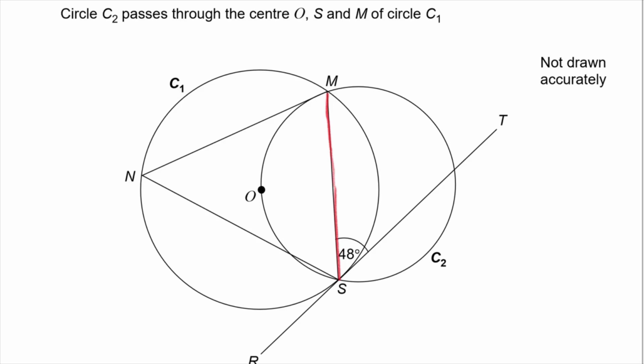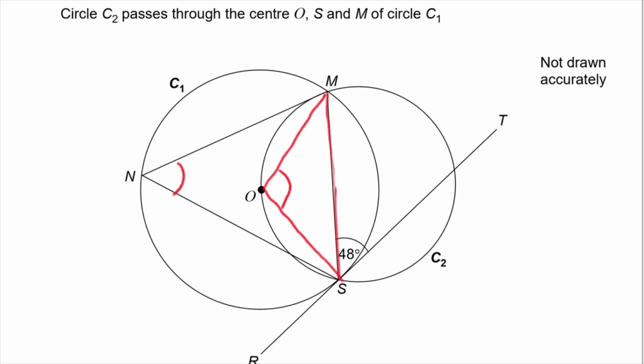Now, if it was a diameter, then it would pass through the middle of the circle. It also means that any angle subtended from it would have to be a right angle, because an angle subtended in a semicircle is a right angle. So if SM was a diameter, then that would have to be 90 degrees. Now, if that was 90 degrees, then this angle here must be half of it, 45 degrees.